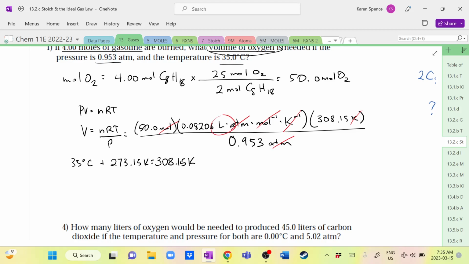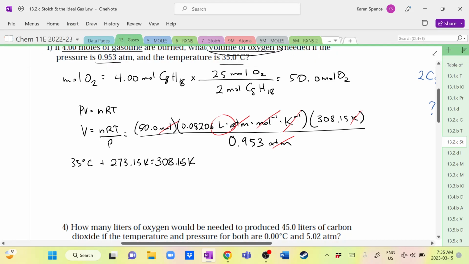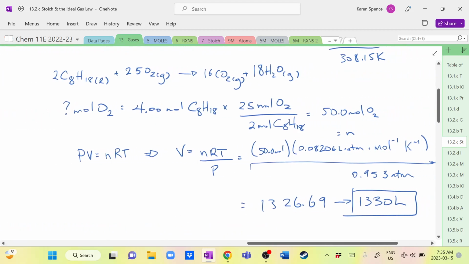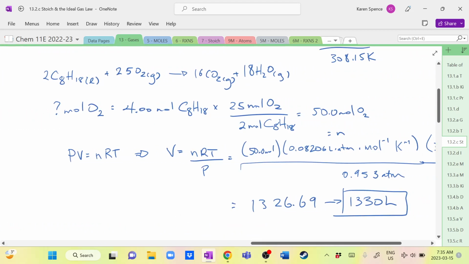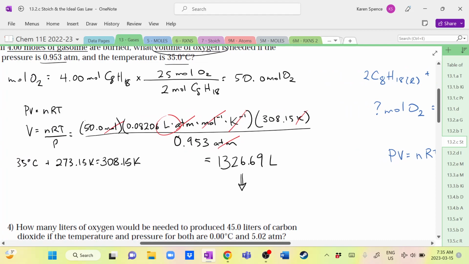So hooray, that equals 1326.69 liters, which is then going to round to, we've got 3 sig figs here and 3 sig figs here, so that's going to round to 1330 liters.